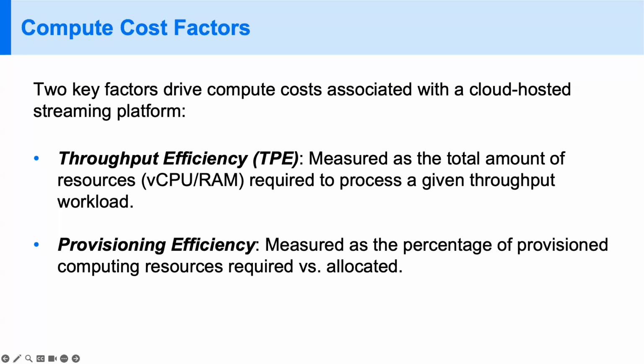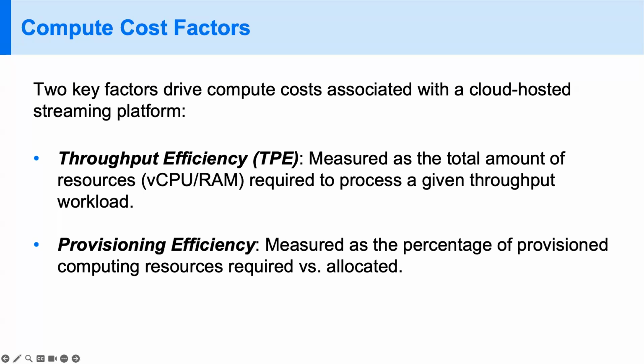Throughput efficiency really measures how many resources you need, how many cloud computing resources in terms of cores and RAM, to process a given amount of throughput, right? So for 100 megabytes of throughput on this particular platform or that platform, what is my total spend required in infrastructure costs, right?